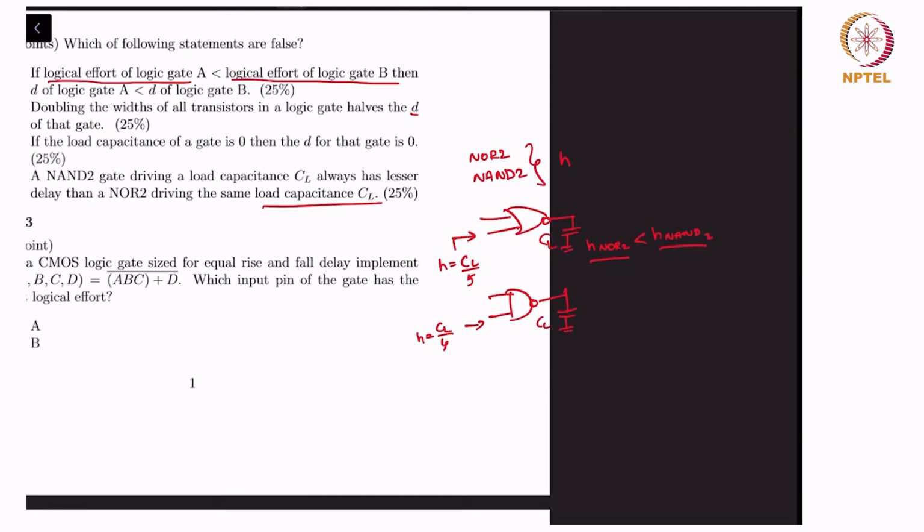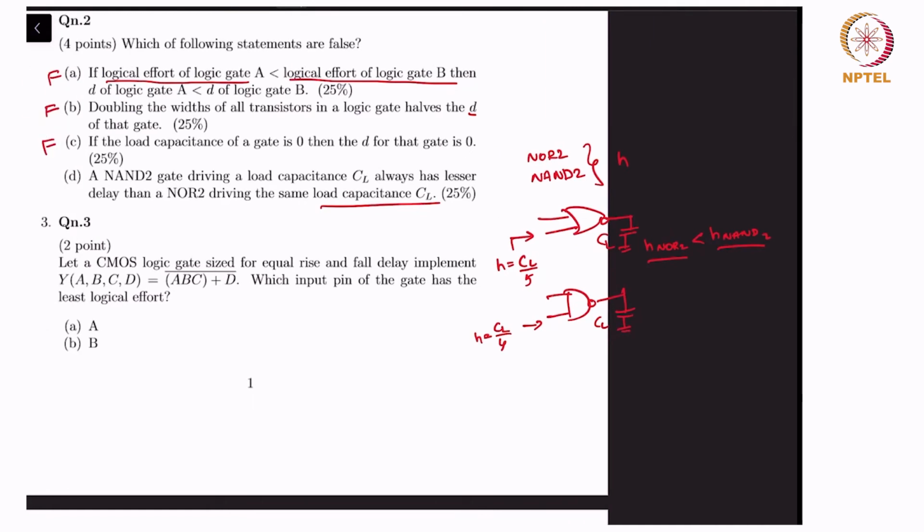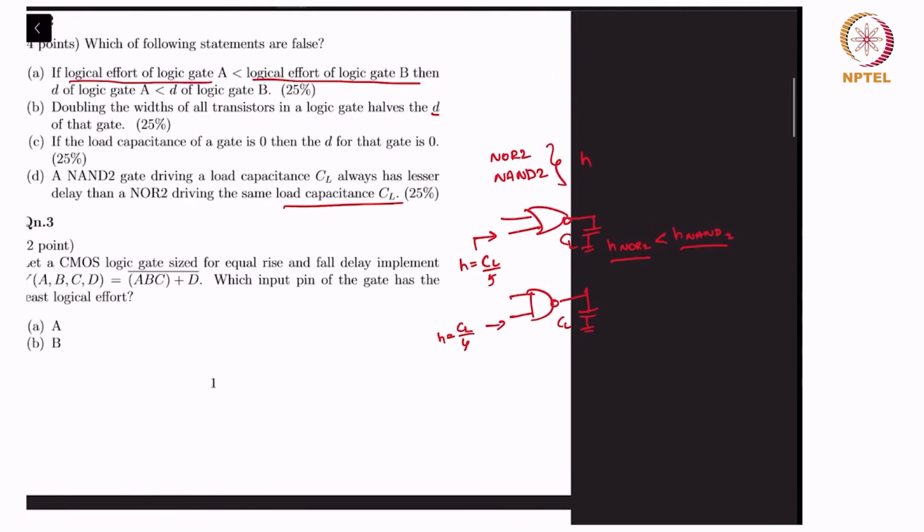But the question is, this is assuming both of them are the same size. Now it could be that if they're both 1x, then these are the respective H's. But it could be that one of the NOR 2s is really upsized to make its H really less.